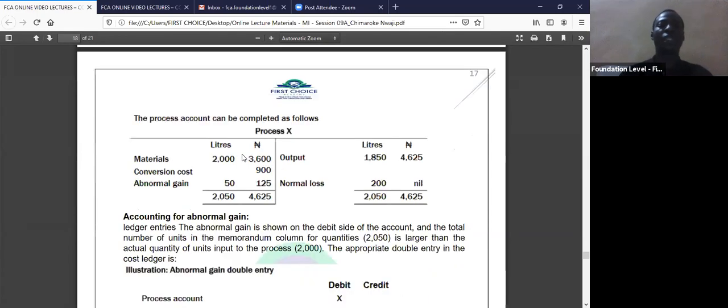So you can see here that there is an abnormal gain. I said it's going to come to the left-hand side, to increase the cost. So it has increased the units by 50, increased here by 150. And so the unit of normal loss was nil. There is no recovery value to it.